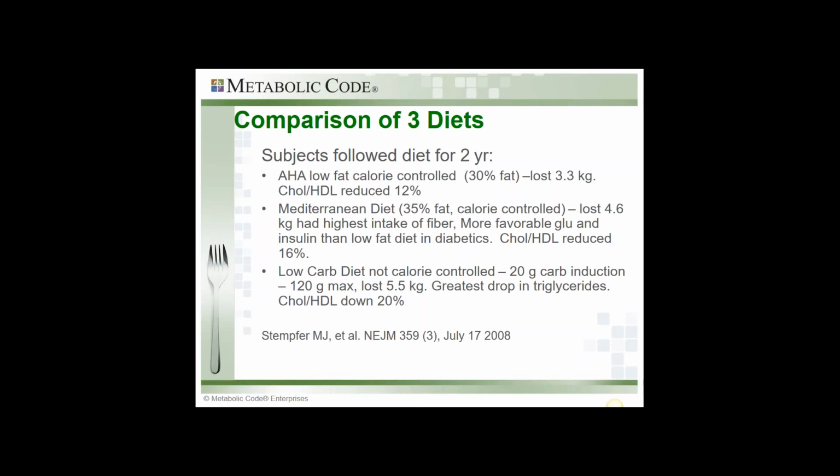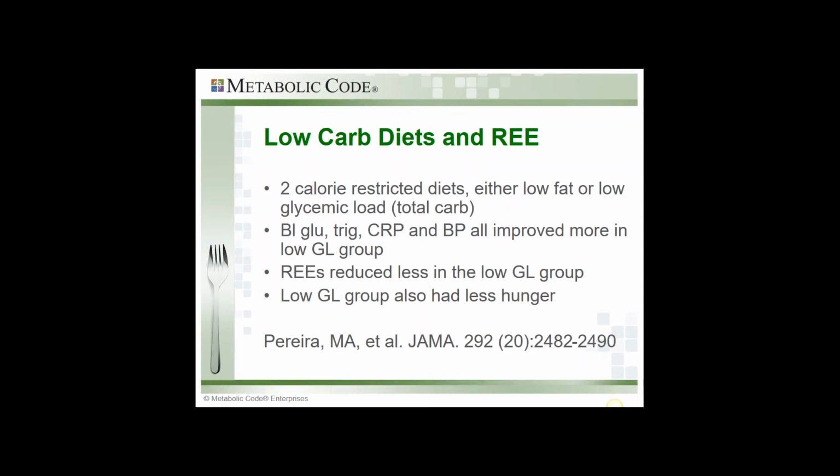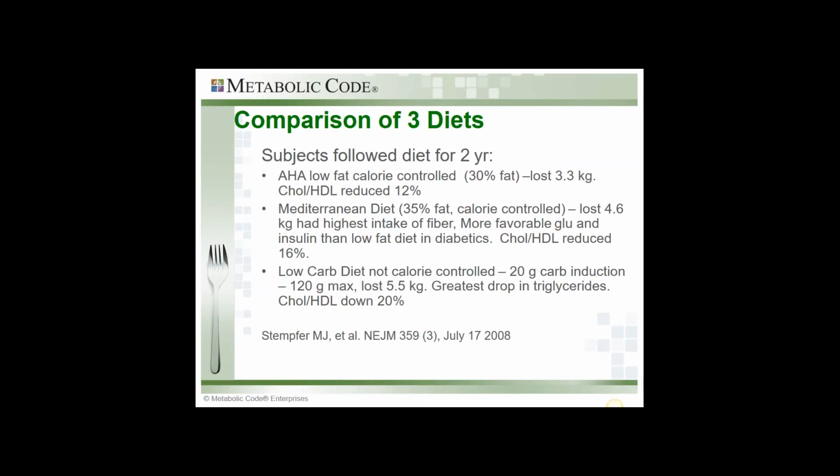Then we look at the low-carb diet. Let's go back, I need to do that last point on there. The low-carb diet was not calorie controlled. It was simply carb controlled. What they followed was an Atkins type approach with the 20 grams of carb induction, and they were instructed to follow the way that approach recommends, which is to eventually go up and not exceed 120 grams.